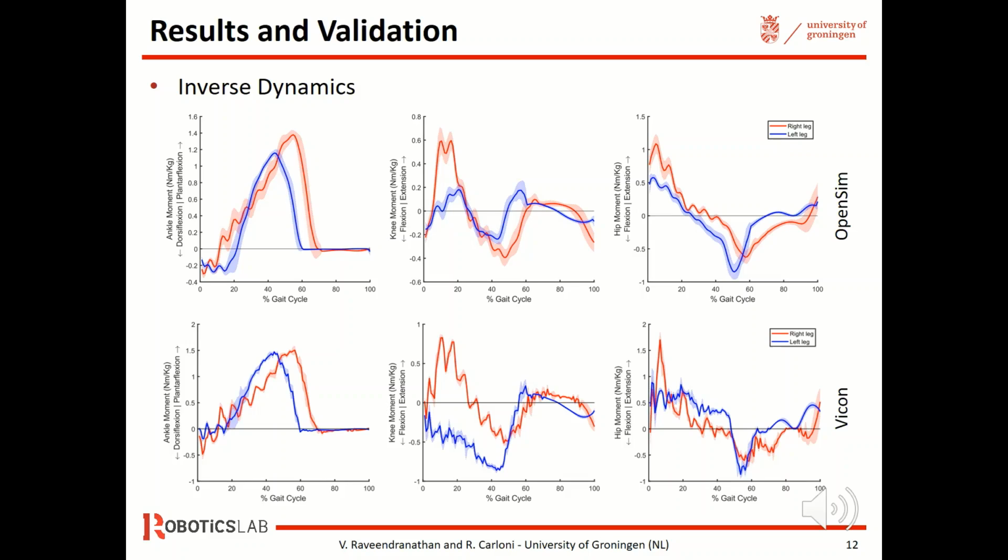It can be noticed that the joint moments in Vicon are higher compared to the OpenSim inverse dynamics results. One of the reasons could be inaccurate scaling of the model that could result in a higher moment arm while performing inverse dynamics in the Vicon plugin.